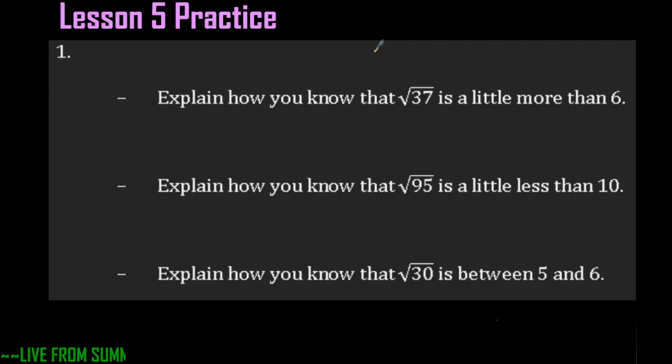Now on the back, talking about that lesson 5 practice, for the first part it says explain how you know that the square root of 37 is just a little bit more than 6.